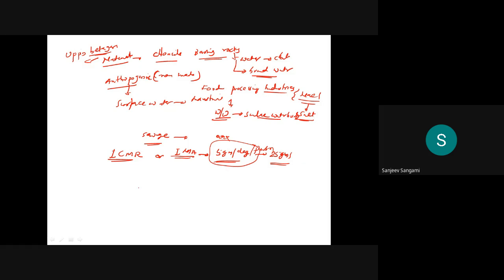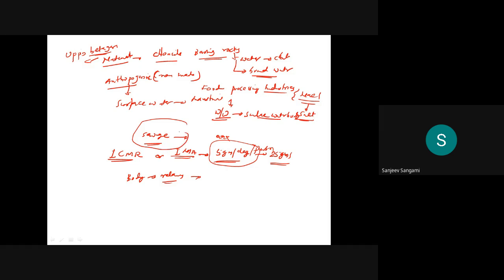Our body takes only as much as it requires, and the remaining it releases with the human excreta. Then it accumulates in the sewage.